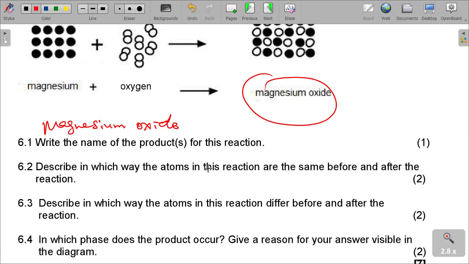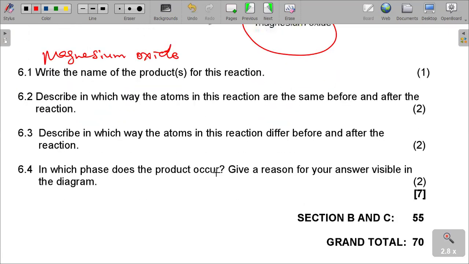It is magnesium oxide. And then the next question says: describe in which way the atoms in this reaction are the same before and after the reaction. So the same amount of atoms before and after the reaction.